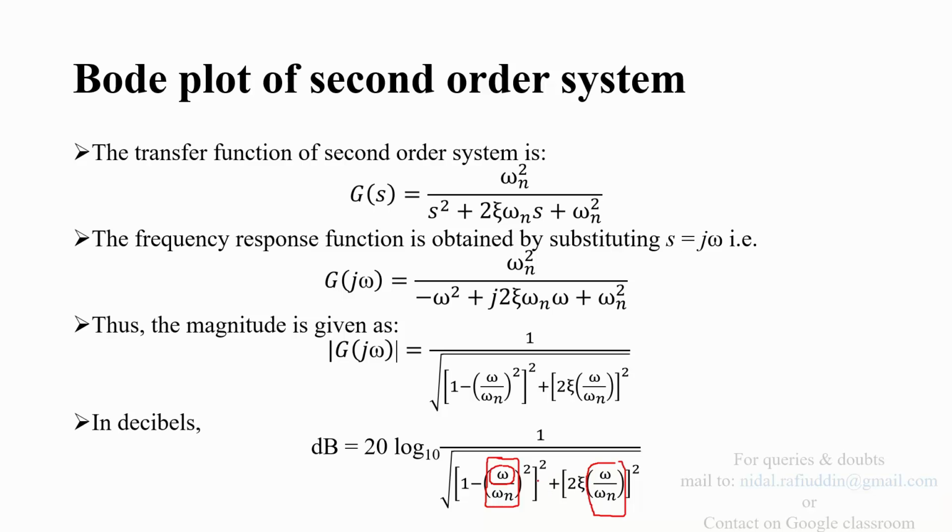So if you look into this expression, we have one, which is very small compared to the expression omega by omega n. Since omega is much greater than omega n, this can be assumed infinite. So we have infinite square, then a negative sign which makes it minus infinite.